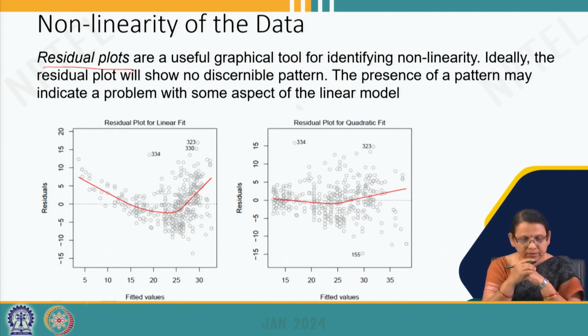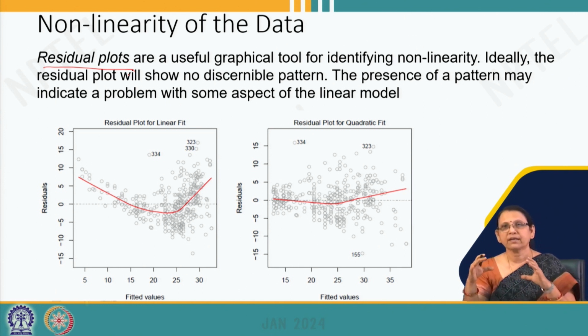For example, what is the basic assumption of a linear regression model? These are the random errors. Because this epsilon is a random value, it has to be distributed without any pattern.